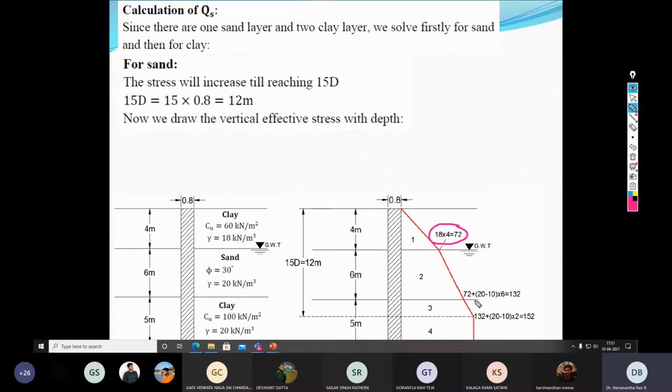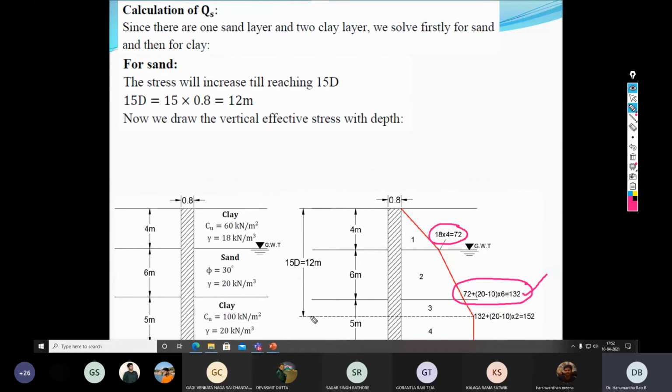At the end of the sand layer it is 72 plus the density of the sand, which is 20. Since this is below the groundwater table, you have to take gamma submerged. So 20 minus 10 into 6. What you will get is a total of 132 kilonewton per square meter.